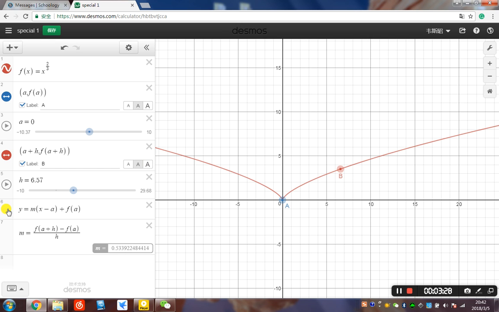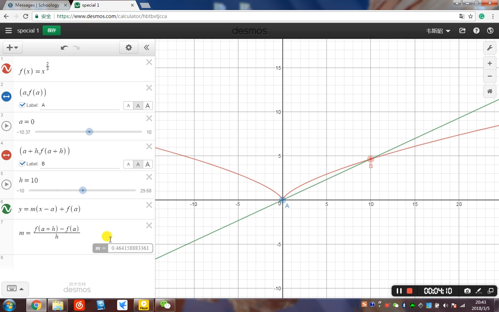So here we have the tangent like this. If we take a look at this m value, m means the slope. If we want to have an IRC, the preceding and following slopes are supposed to approach the same number. So if we look at the following first, if we change the x value and make it approach 0, we can see the m value is also getting bigger.